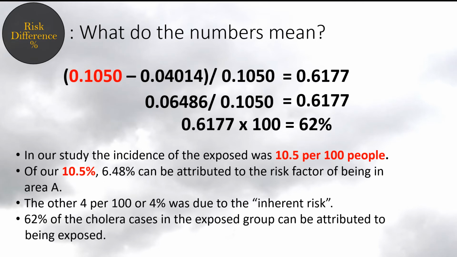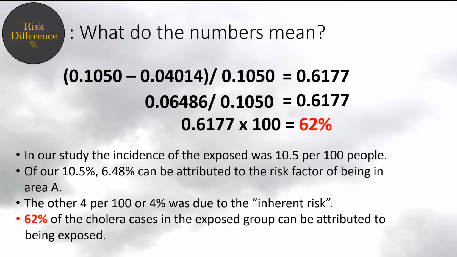Of our 10.5 per 100 people, or 10%, 6.48%, or 6.5 per 100 people, can be attributed to the risk factor of being in area A, or whatever the risk factor was. The other 4%, or 4 per 100, was due to an inherent risk.